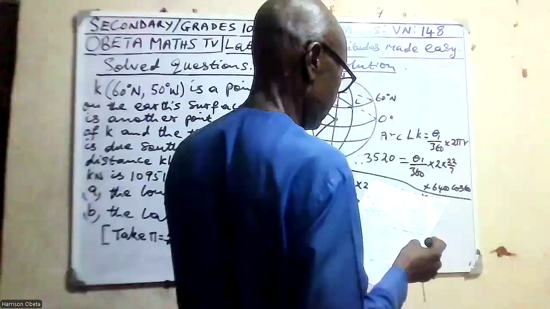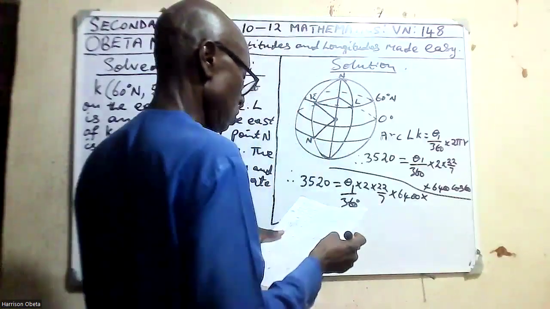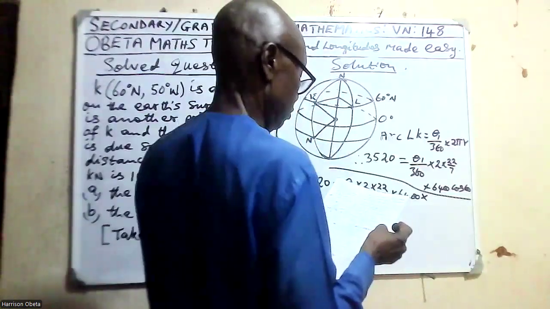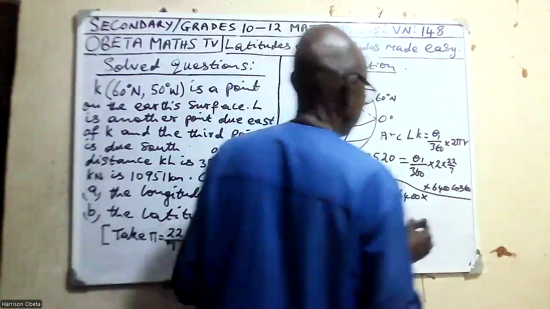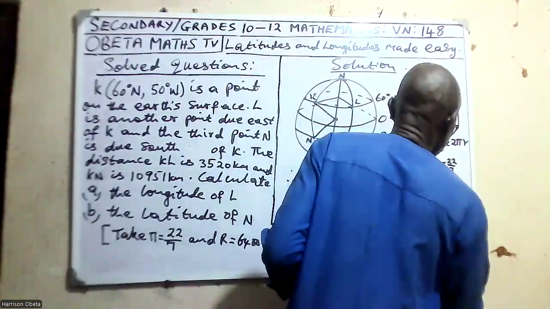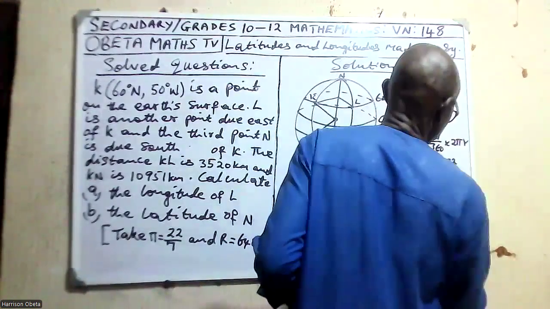If we check from our table, cos 60 is 0.5.